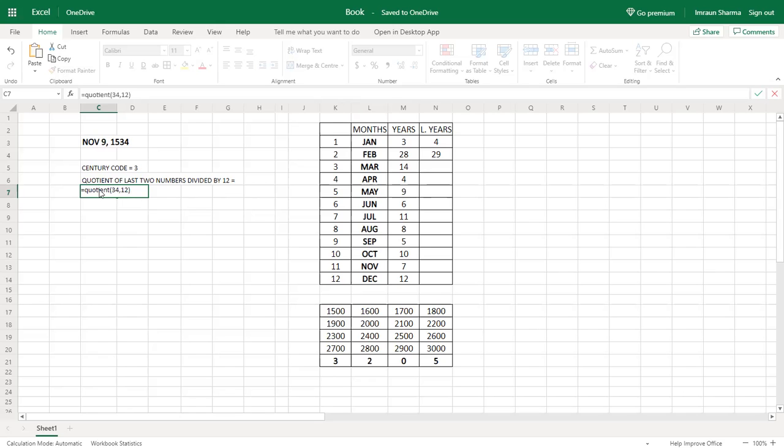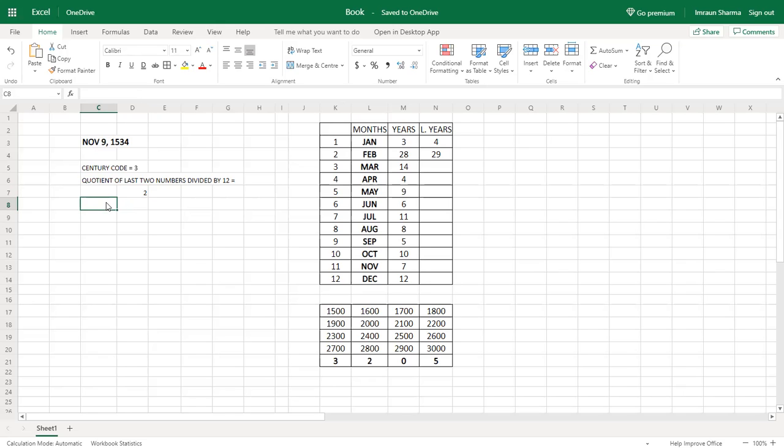Now over here it will be 2. So let's keep these 2 numbers in mind, 3 and 2.